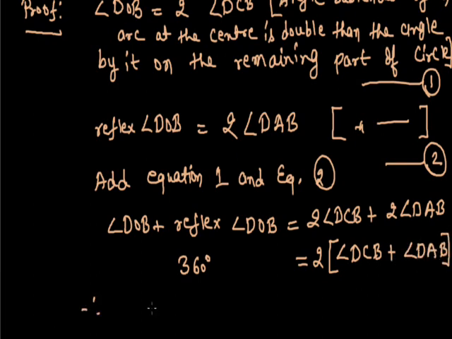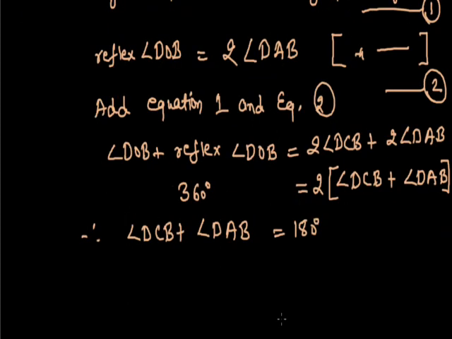Therefore, angle DCB plus angle DAB is equal to 180 degrees. The sum of opposite pairs of angles of a cyclic quadrilateral is 180 degrees.